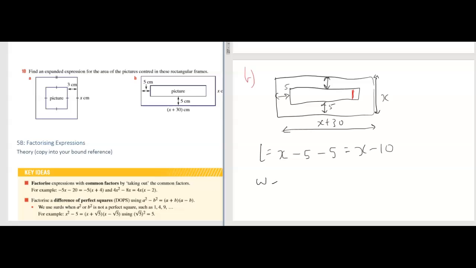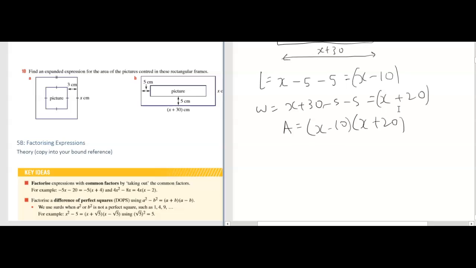And then your width, which is already x plus 30, and then we're going to subtract the two sides, which is 5, minus 5, minus 5. So we've got x plus 20. Okay, so we've got these two, the length and the width. Now, the reason I've put them in brackets is because if I don't, I'm not going to multiply both terms inside the brackets. Now we just have to expand that.